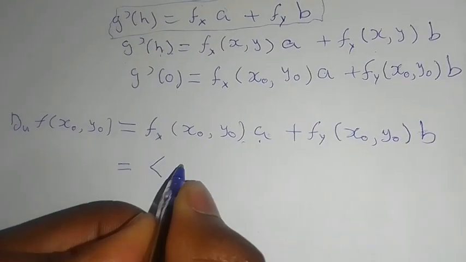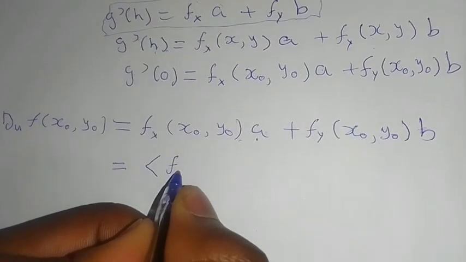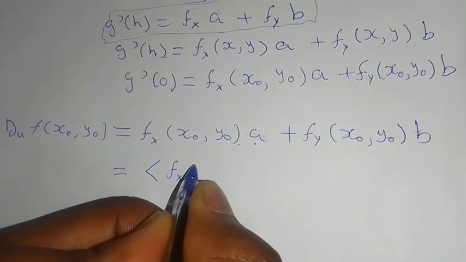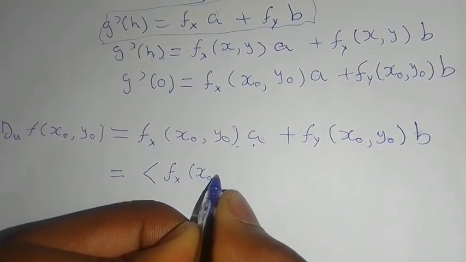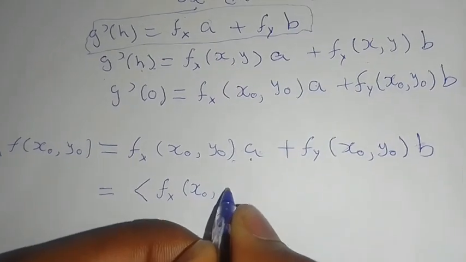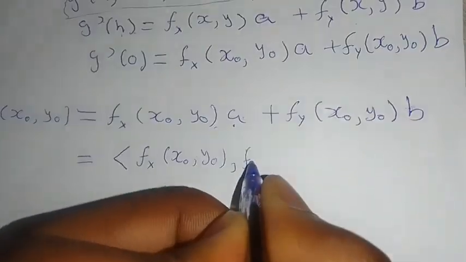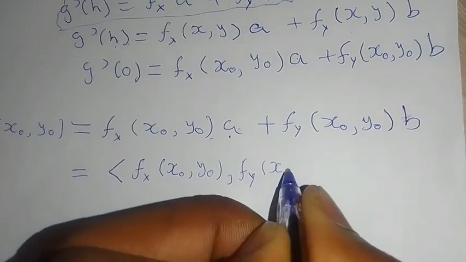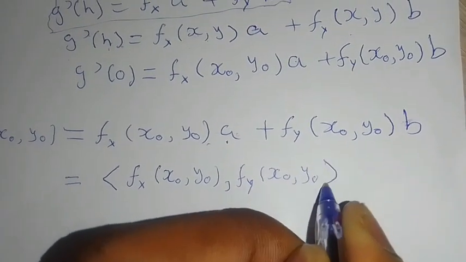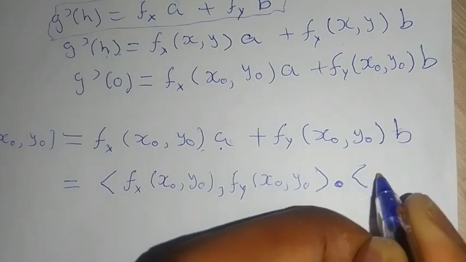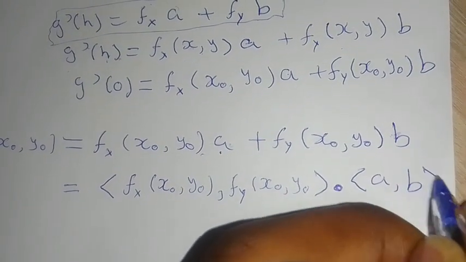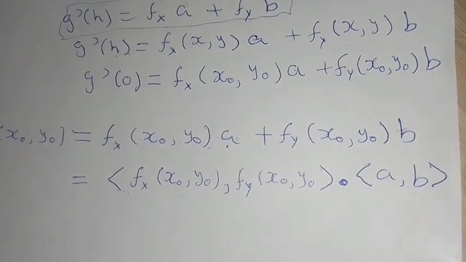You can do the mathematics and you'll find that you have the vector of the partial of f with respect to x at (x naught, y naught), the partial of f with respect to y at (x naught, y naught), dot that with your unit vector (a, b), and that's your directional derivative.